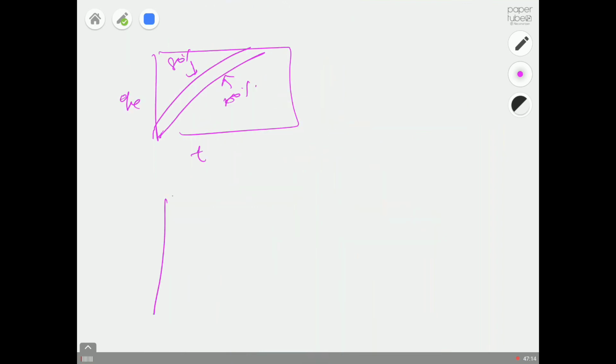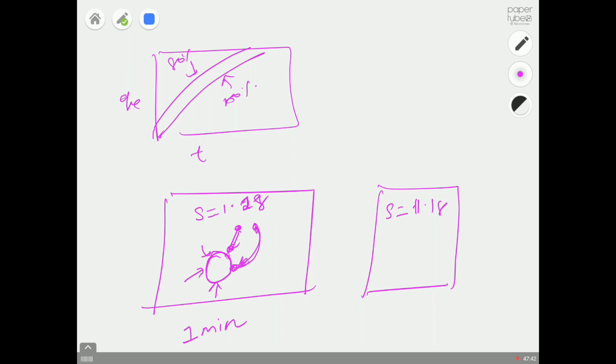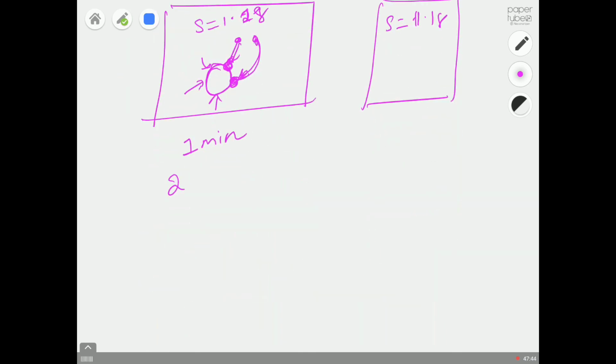Imagine you take a crystallizer and start with a supersaturation of 1.18, the same experiment, and you put only one crystal, for example. Which means you are going to move some molecules to one particle in 1 minute. Just assume in 1 minute we transferred two molecules to the surface, so 2 molecules in 1 minute.